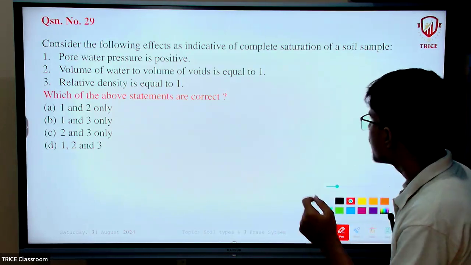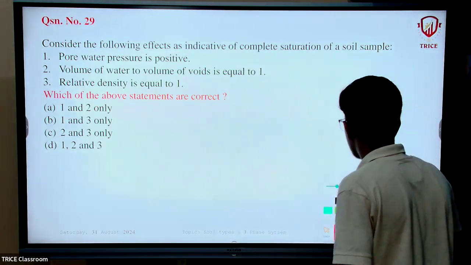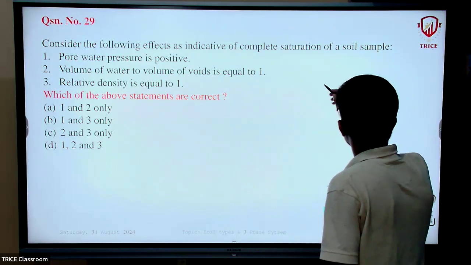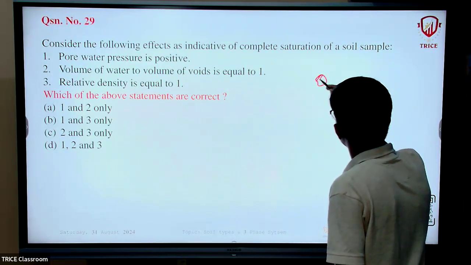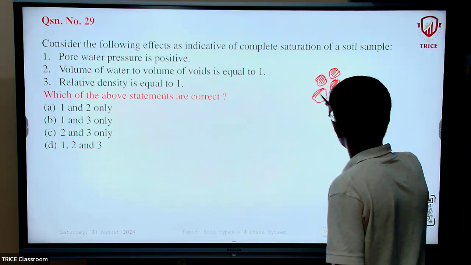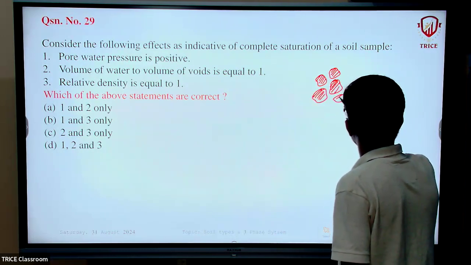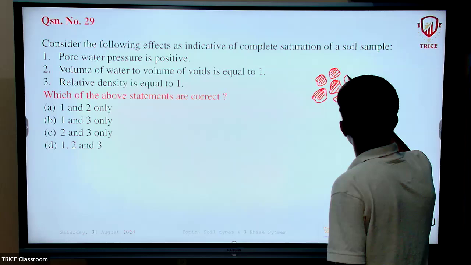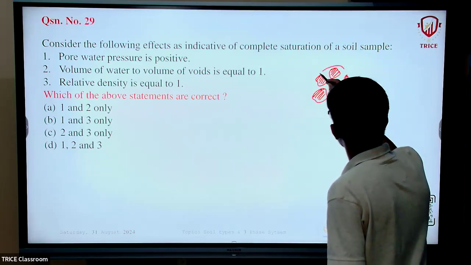Okay. So in the saturation of the soil sample, here we have the soil particle. The red symbol indicates your soil grains.